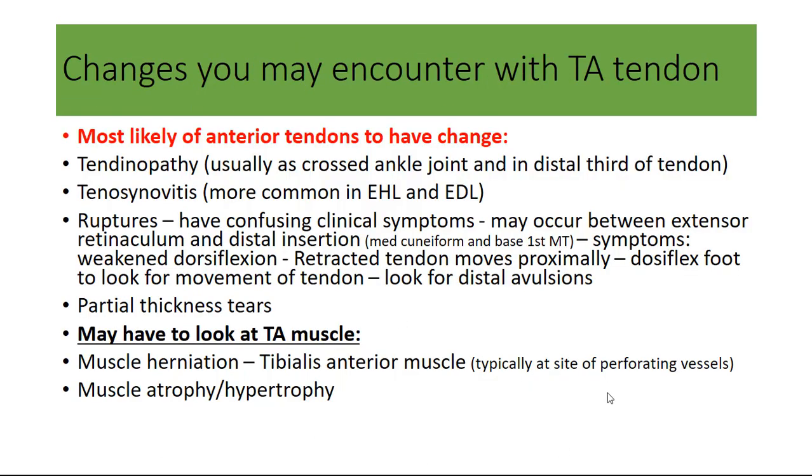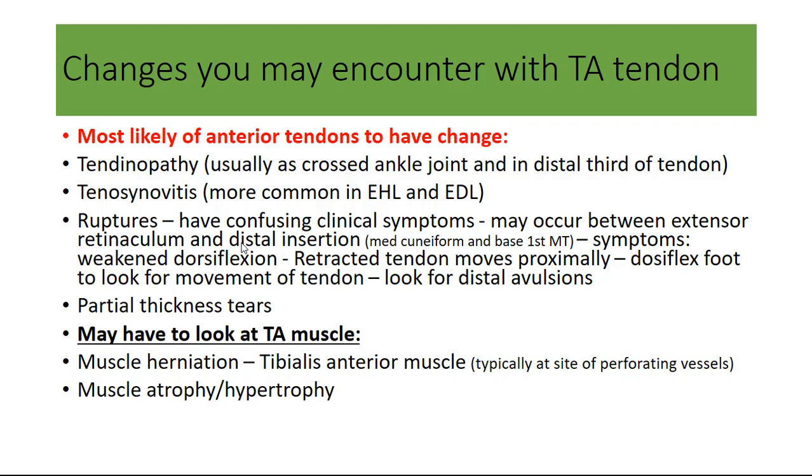Changes you may encounter with this tibialis anterior tendon: tendinopathy, so usually as it crosses the ankle joint, and tenosynovitis, because it's more common in the tibialis anterior than the other anterior tendons. Ruptures can be confusing because clinically it mightn't look like it's ruptured, but you may see that it's ruptured. And if it happens distal to where it crosses the retinaculum, the retinaculum can actually hold it in place and it mightn't retract proximally.